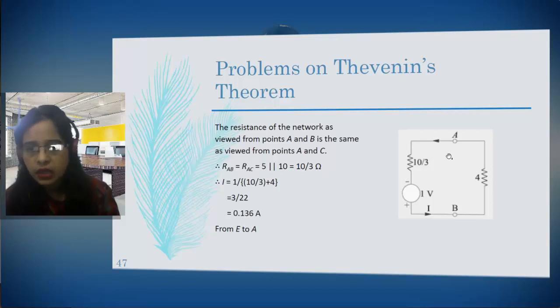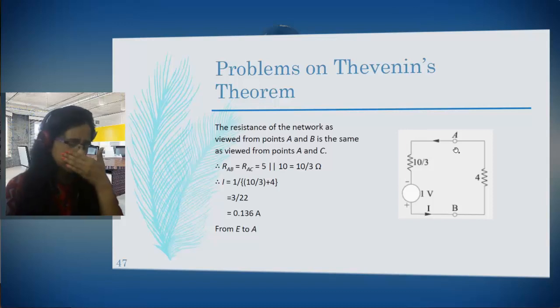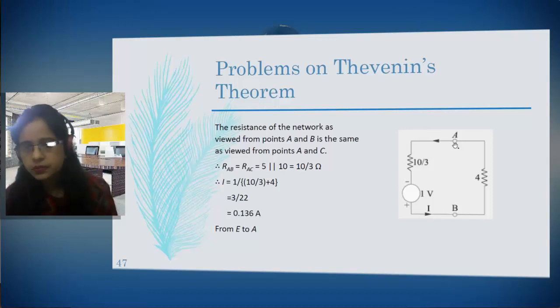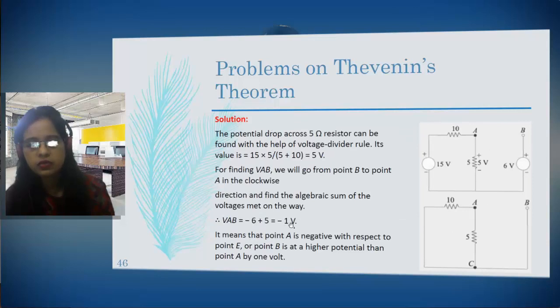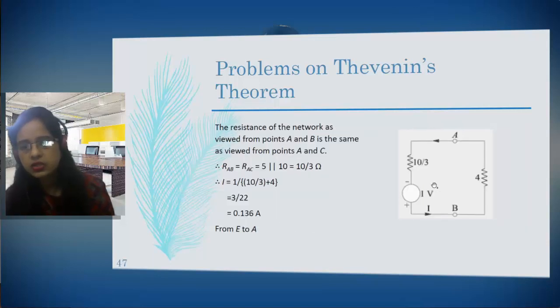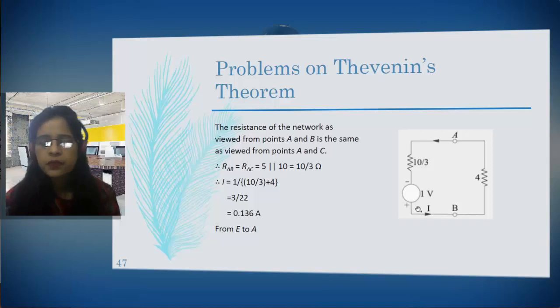So the equivalent circuit becomes this much only. This is the equivalent circuit with VOC and 10 by 3. Since the direction was negative, the polarity is minus plus, so current is flowing in this direction, anticlockwise. If I want to find the current flowing through this 4 ohm, I'll apply KVL.